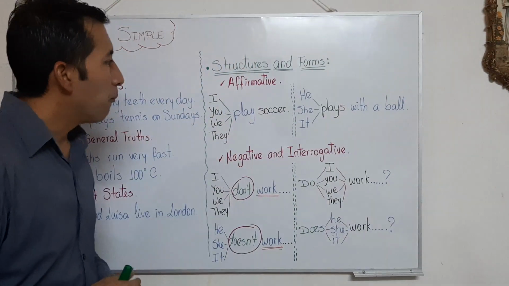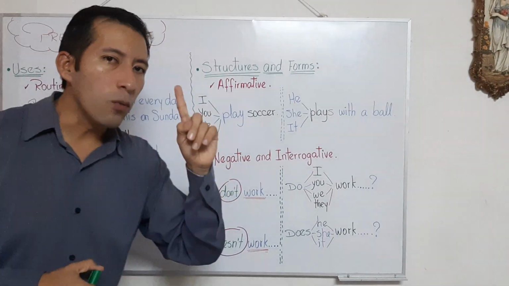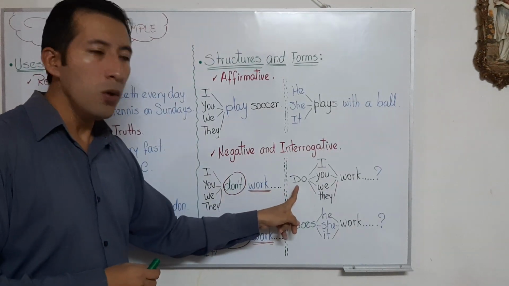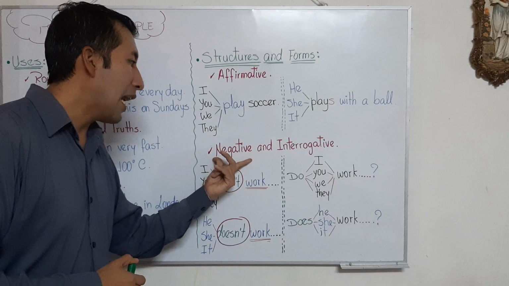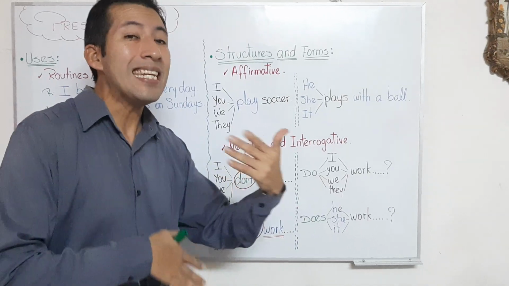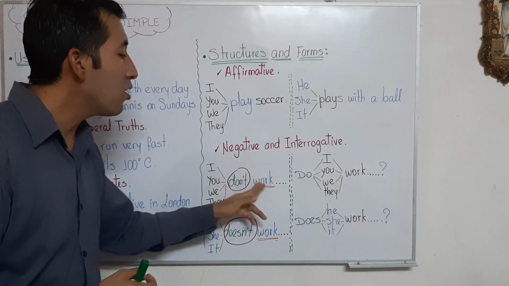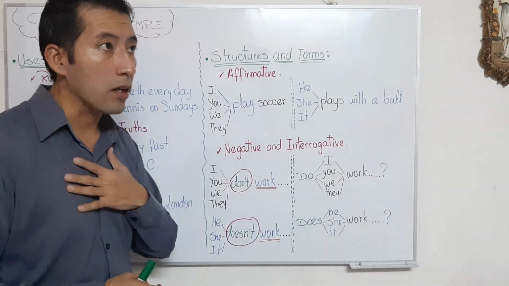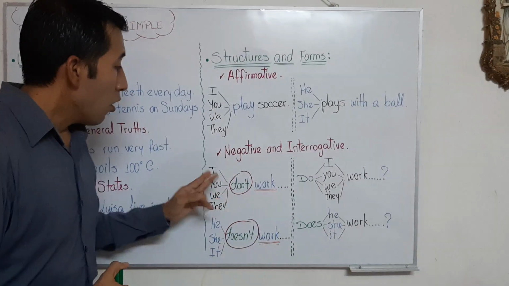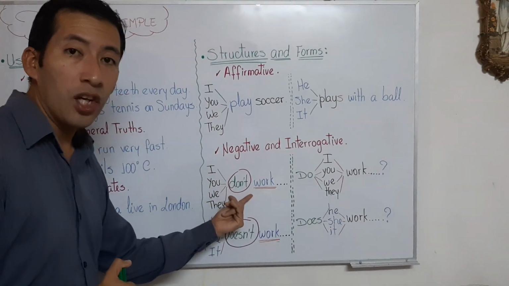Now we have a change here. In negative and interrogative forms, we need to remember two special words: do and does. In negative, obviously, we use a word which negates the sentence. For example, I don't work. I don't work because of coronavirus. With I, you, we, and they, we use don't.